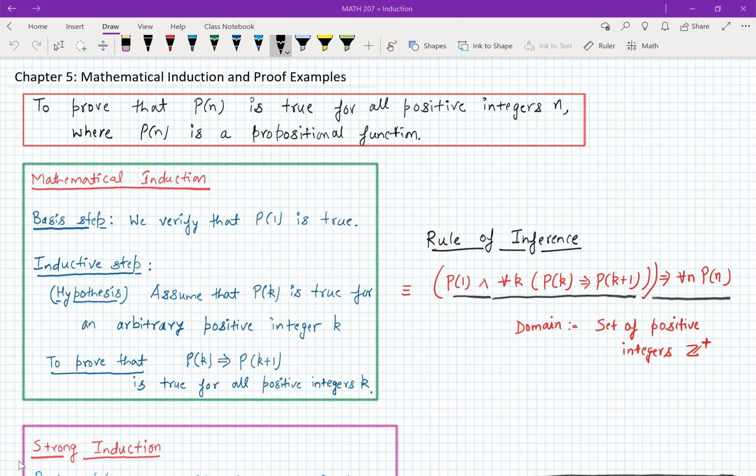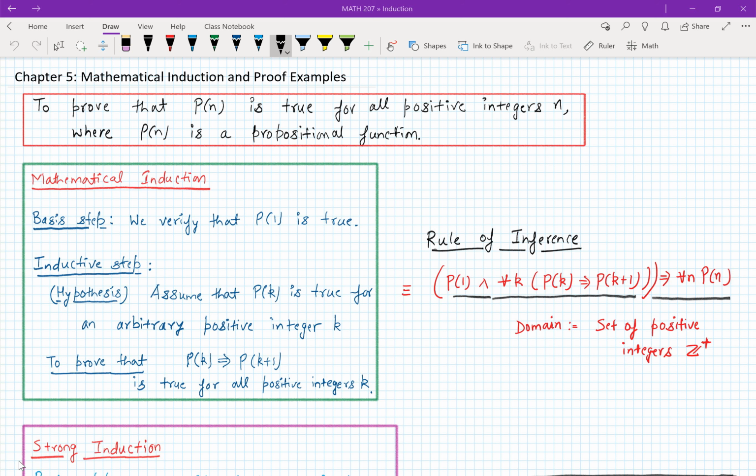Then I move to my inductive step, and in my inductive step, I assume the hypothesis that my given statement is also true for an arbitrary positive integer k. It should be clear that in the hypothesis of simple mathematical induction, I assume my P of k statement is true for an arbitrary positive integer k. It's not that we put the hypothesis that this statement is true for all positive integers k.